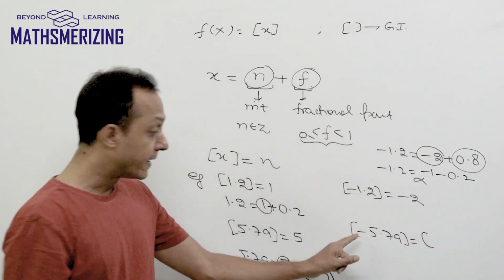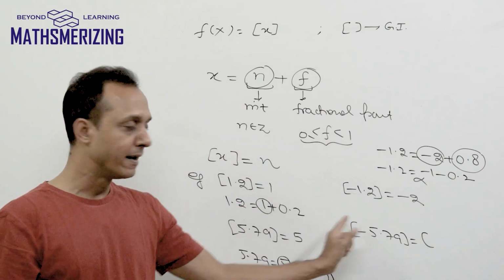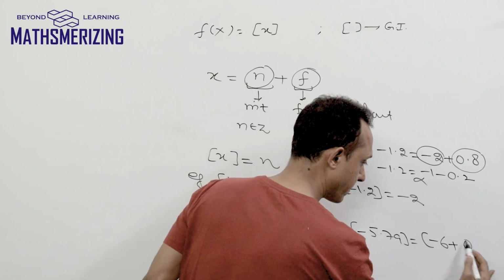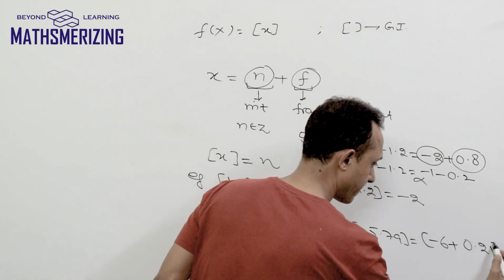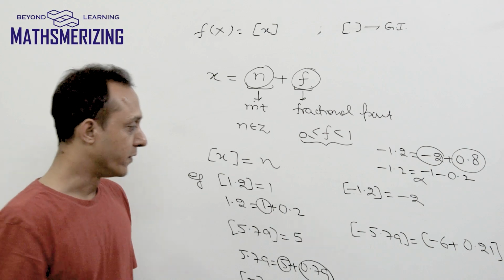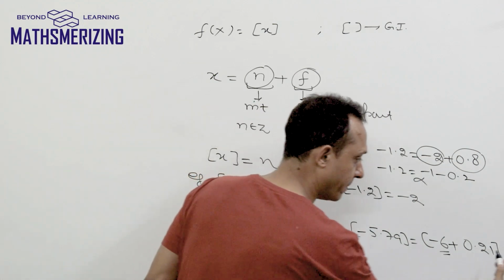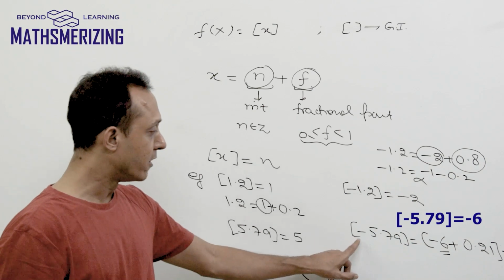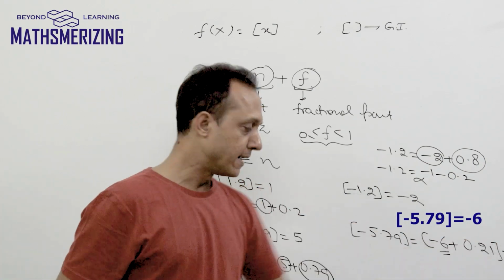Rather than writing it as minus 5 minus 0.79, I'll write it as minus 6 plus 0.21. So in this case, its greatest integer function will be minus 6.